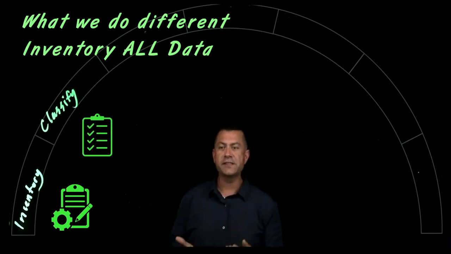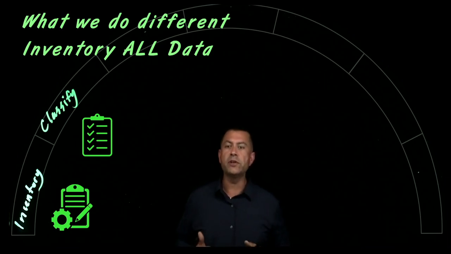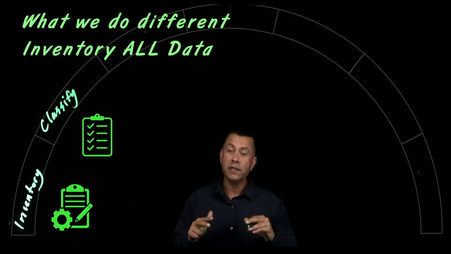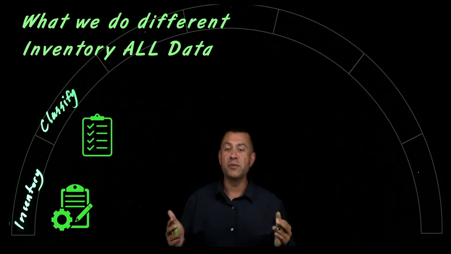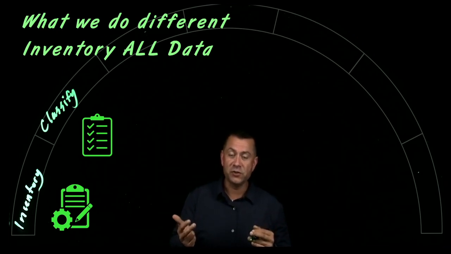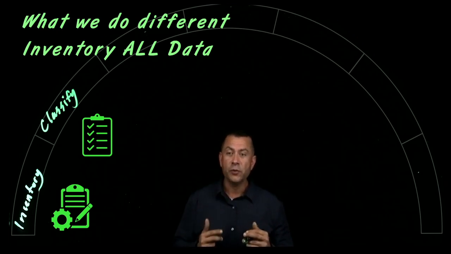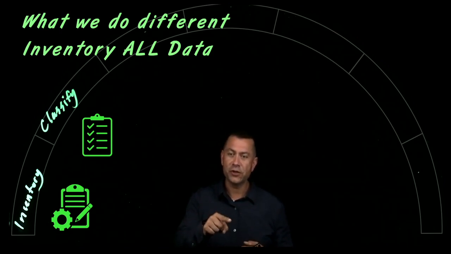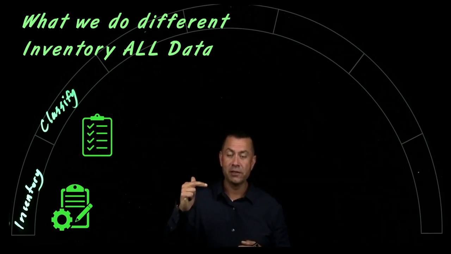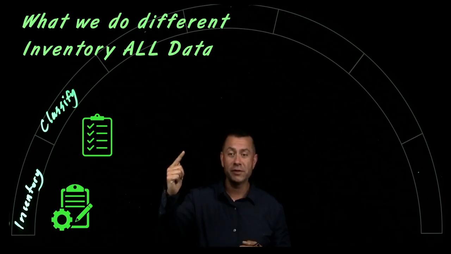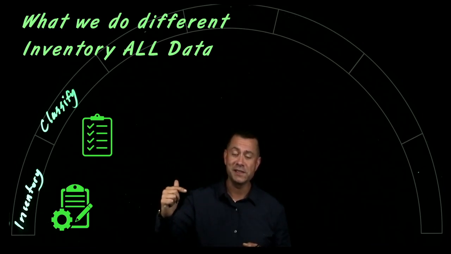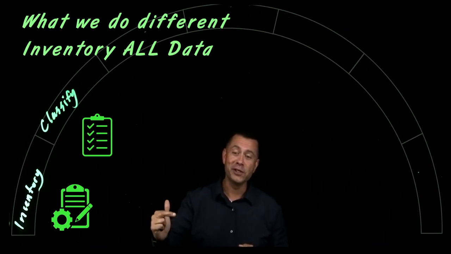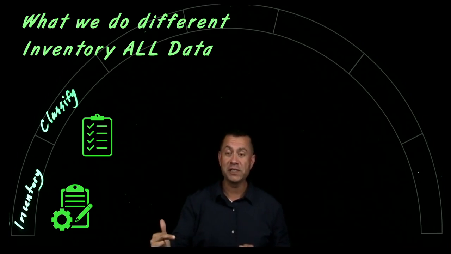Now, during this classification phase, what's really important is that we dig deeper than the traditional classification models of confidential, internal, public. We really have to put business context on this data. What's accounting? What's finance? What's HR? And to go a step further, what's HR workman's comp versus HR employee grievances versus HR onboarding agreements, HR insurance claims?